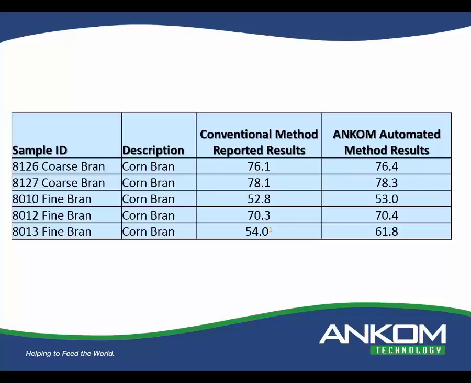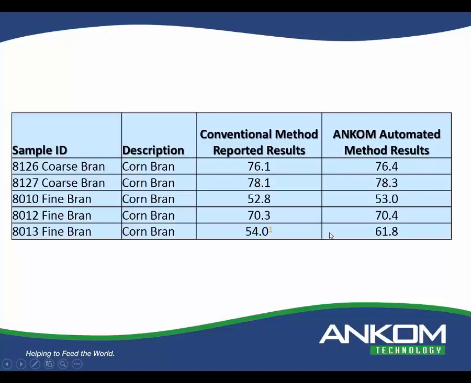And so the person that sent us the samples shared the results with us, and the lab that did those, and we were ecstatic because we lined up so nicely with these conventional methods, except for this 8013 fine bran. We were showing a higher result than they were. And the fact that we lined up so nicely with the rest really caused us a little bit of confusion or question in our mind: why would we be different on this one sample?